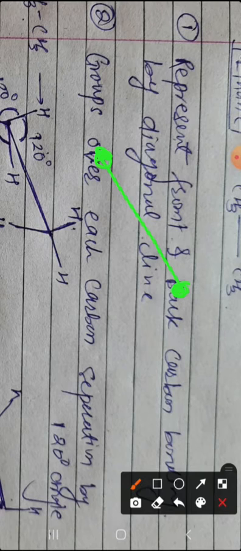In this carbon chain, this is the front carbon, this is the second carbon, and the groups over both carbons are separated by 120 degrees. This is also 120, this is also 120. At the back carbon similarly 120 degrees. All the groups are separated by a 120-degree angle.